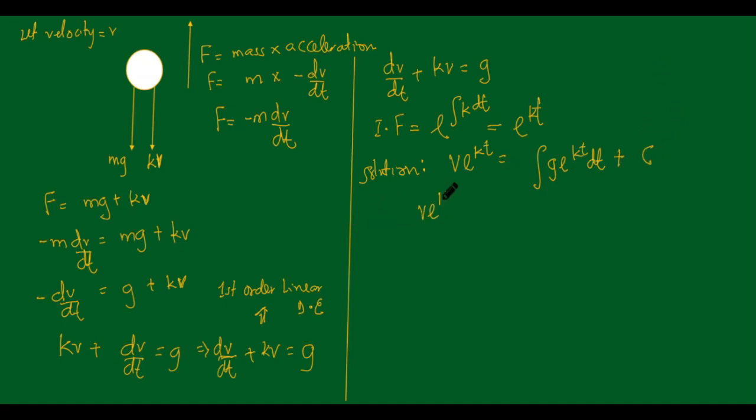So v e raised to the power of kt is equal to g integral of e raised to the power kt dt plus c. On integrating this, we have v e raised to the power kt equal to g over k e raised to the power kt plus c.